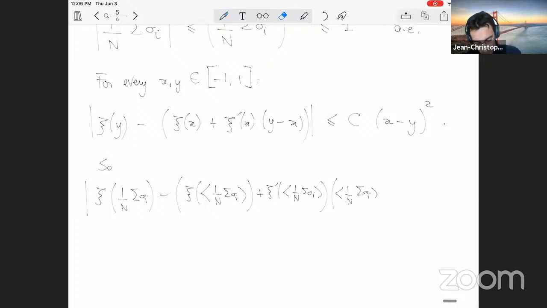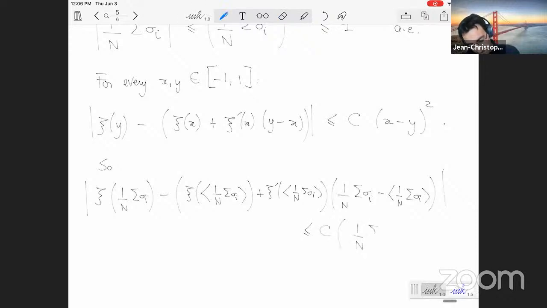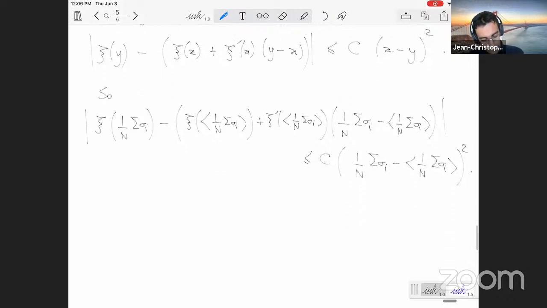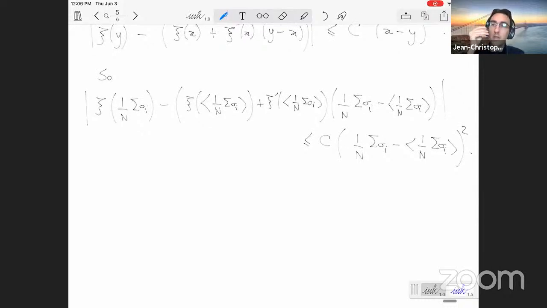Sorry, I made a mistake. Okay, maybe I have to compress this a little bit. Okay, and now imagine I try to compute the expectation of what is inside the absolute value.